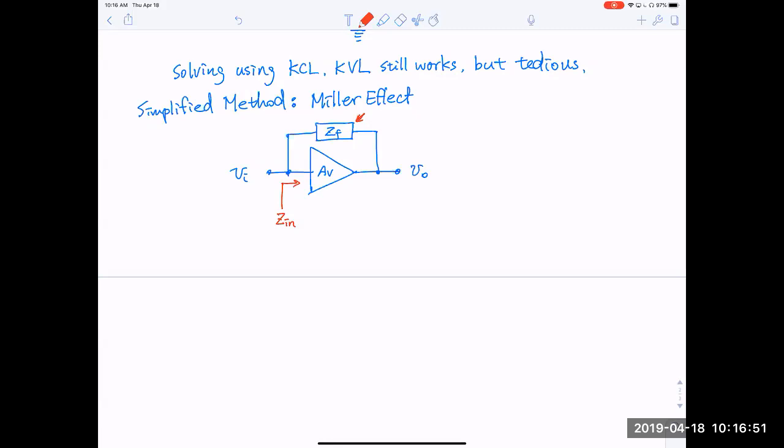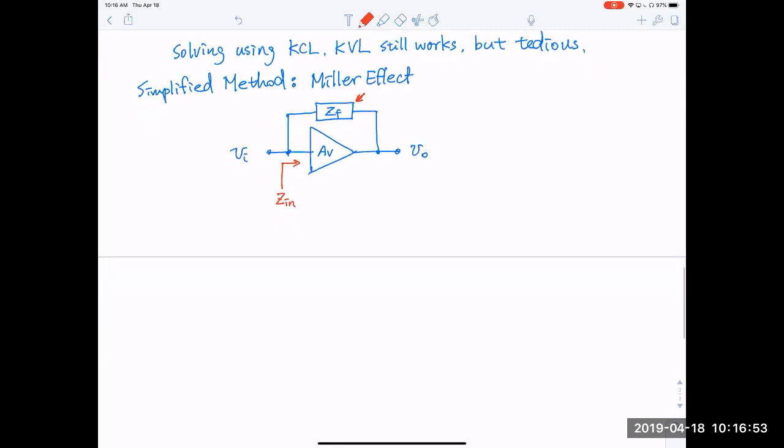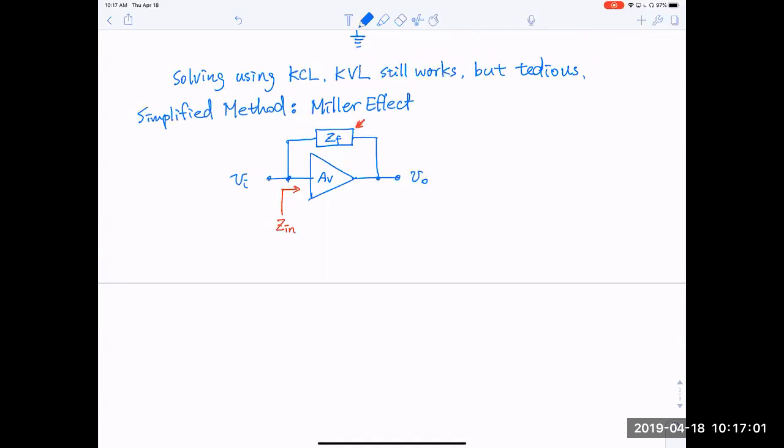What is the impact in terms of the impedance looking in there? Okay, so this is actually very straightforward. Zin is basically equal to the voltage over the current, so it's equal to Vin divided by Iin, all right?